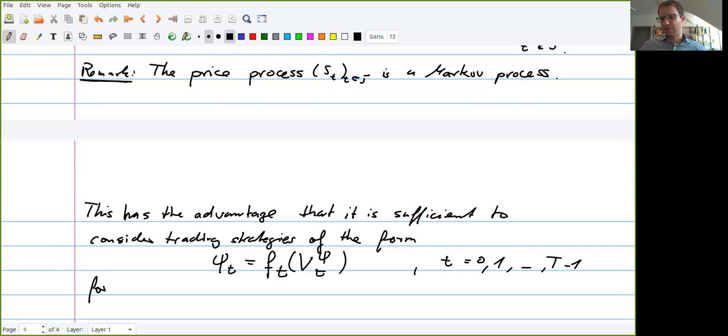So if I am at time 1, I just base my trading decision on the amount of money I have at time 1 and not on the amount of money I had at time 0.